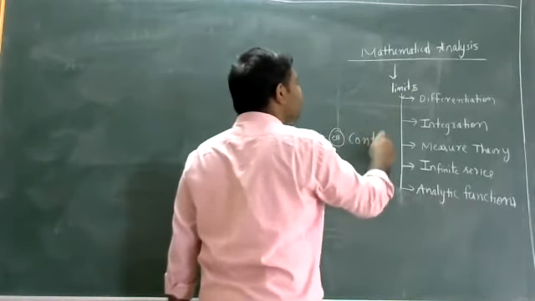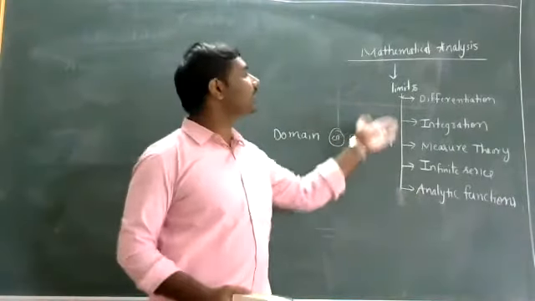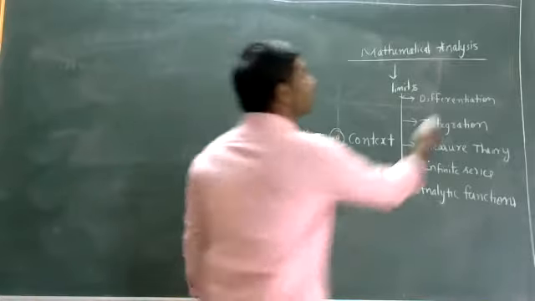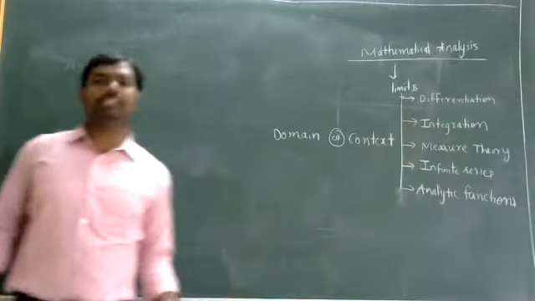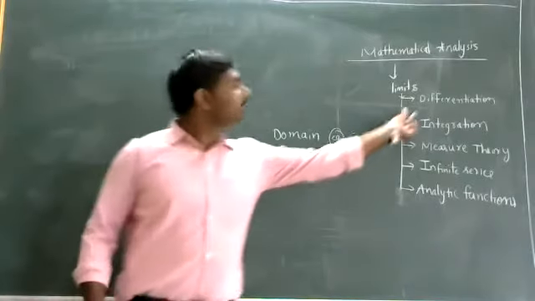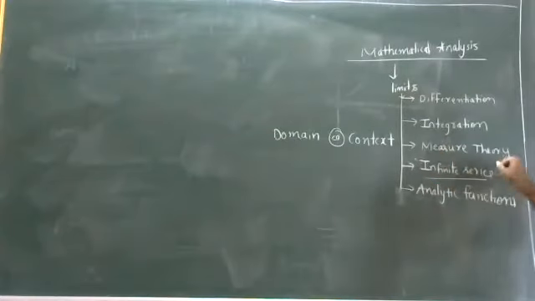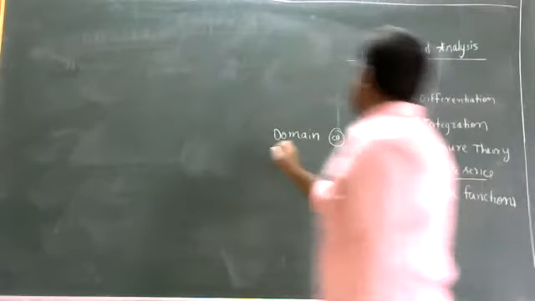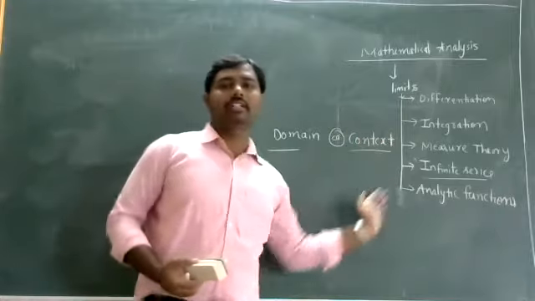On what context or on what basis we can study these theories. For example, differentiation and integration. To study differentiation and integration, we need functions. Functions is the domain. And to study infinite series and sequences, we need elements, numbers, anything. So domain or context is nothing but the basis for these theories.